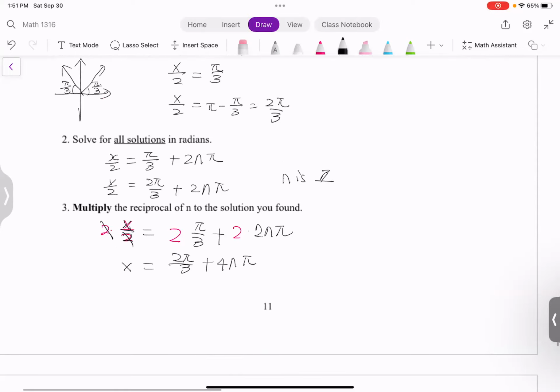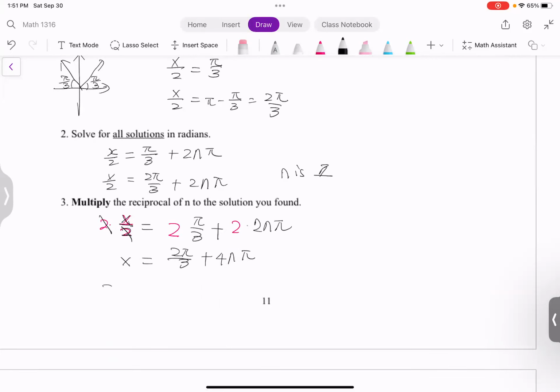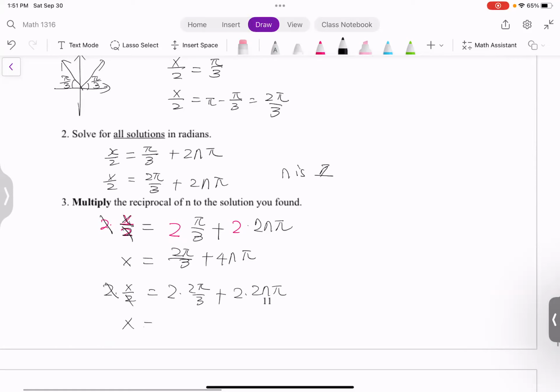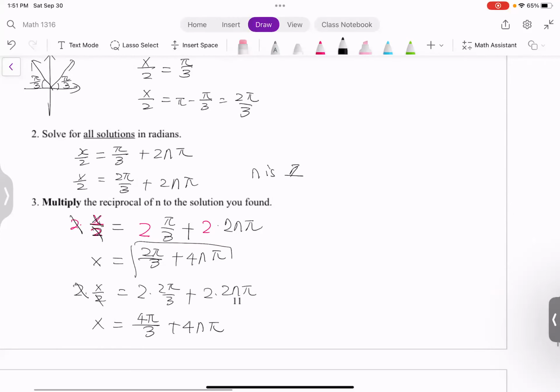And the second equation, so multiply by 2. 2 times x over 2 equals 2 times 2 pi over 3 plus 2 times 2n pi. This is x equals 4 pi over 3 plus 4n pi. So write the general solution in set notation.